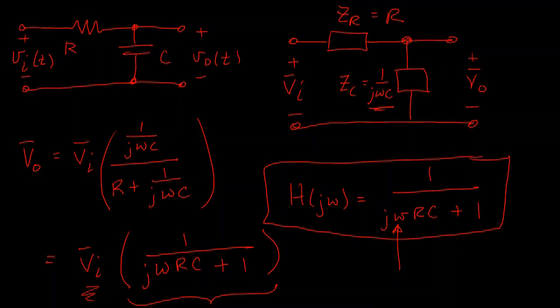Okay, so there also is a phase associated with that complex number. So let's talk a little bit about what that looks like. Okay, so what do we got here? We have our function H of j omega equals 1 over j omega RC plus 1.